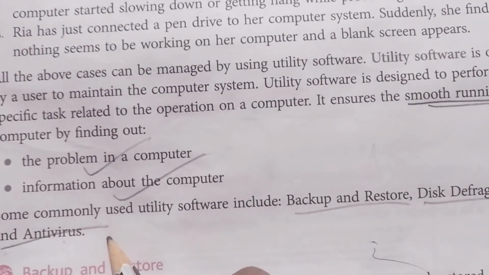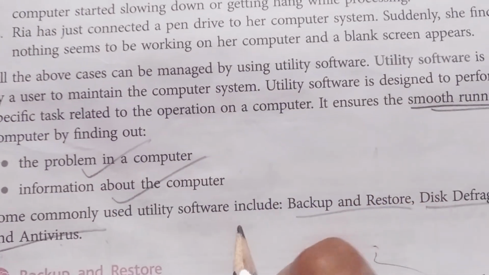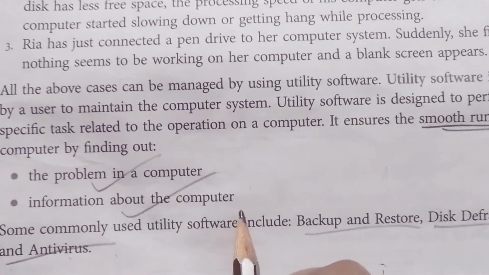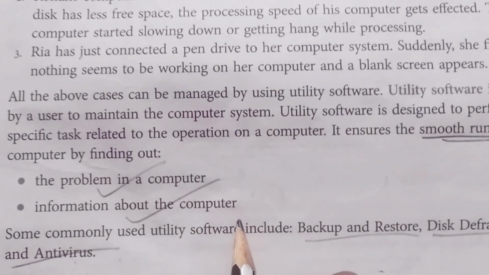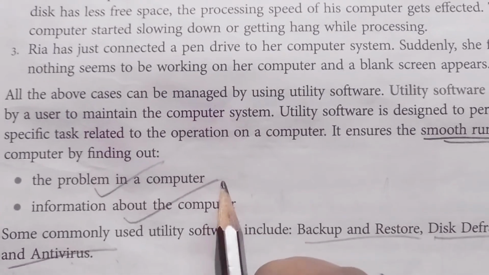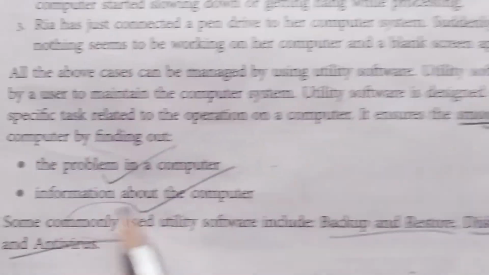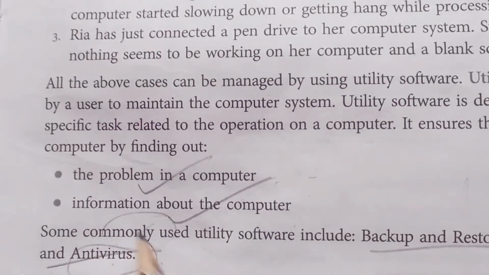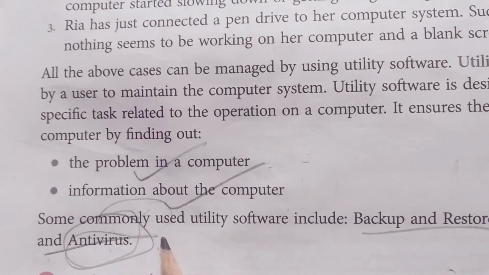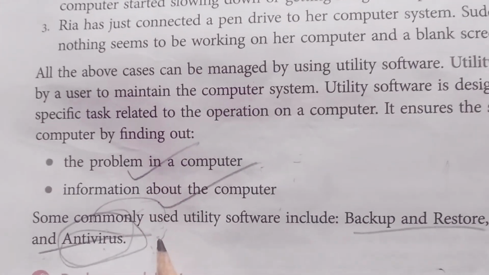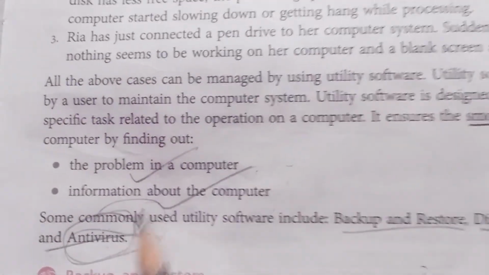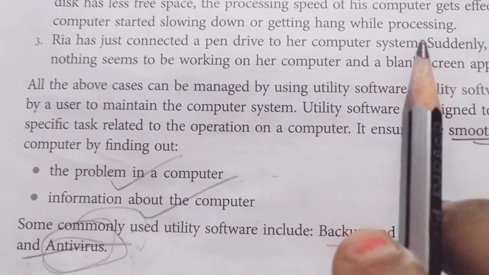Antivirus क्या करता है? It will find the virus in the computer. Like if you have disease inside your body, what happens? You get medicines. So in the same way, antivirus is also like the medicine for the computer. It detects the virus and then throws it out of the computer.